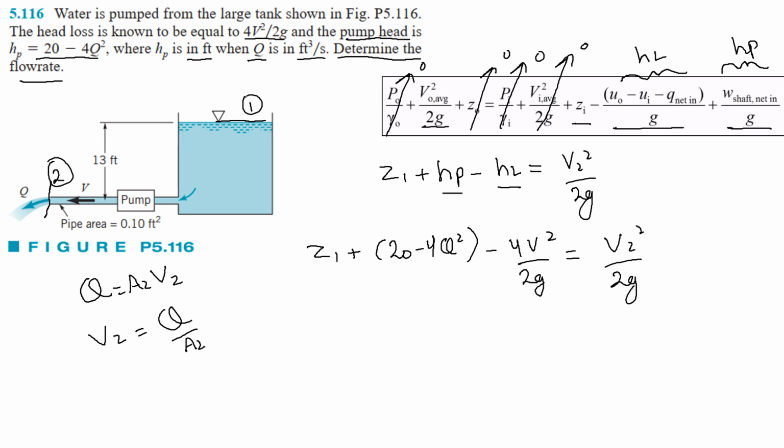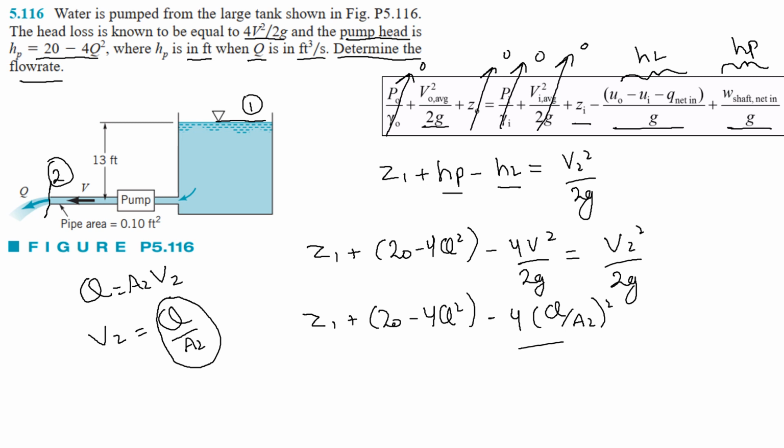I will replace my velocities with this term, that is Q divided by A2. So now doing this, what we are going to get is Z1 plus 20 minus 4Q square minus 4 into (Q divided by A2) square divided by 2G, and this is equal to (Q divided by A2) whole square divided by 2G. So this is what my final governing equation will look like.